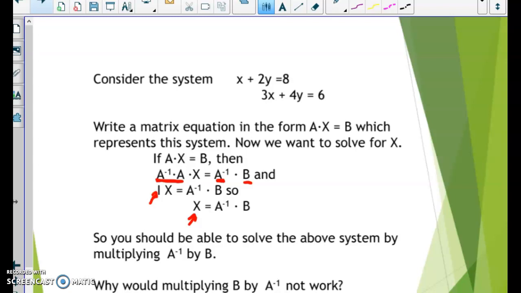So my matrix that I start out with here, my original, we'll call it A, because that's what they're using over here. So I'm going to have 1, 2, 8, 3, 4, 6.